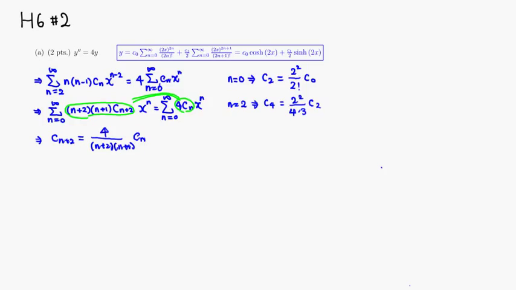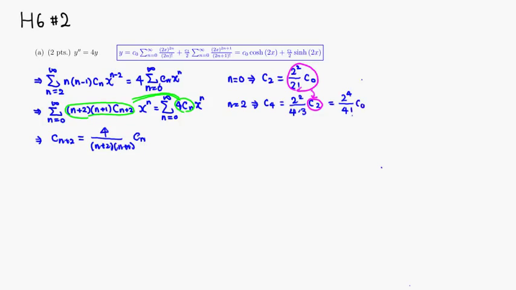Then we can plug in c2 right here, so we would get 2 squared times 2 squared, so 2 to the 4th power. 4 times 3 times 2 factorial is the same thing as 4 factorial, and then c0.